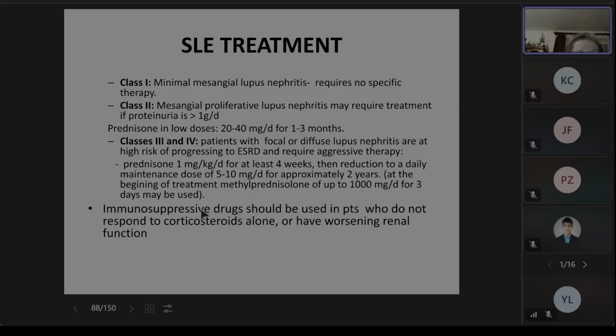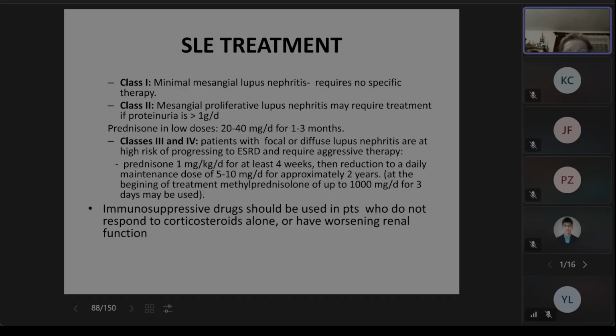I would like to say that in the advanced stages, particularly in active lupus nephritis, like class 3 and 4, pulses of methylprednisolone are given, followed by oral prednisone in a dose of 1 milligram per kilogram of body weight per day. After 4 weeks, the dosage of prednisone is reduced every week by 5 milligrams.